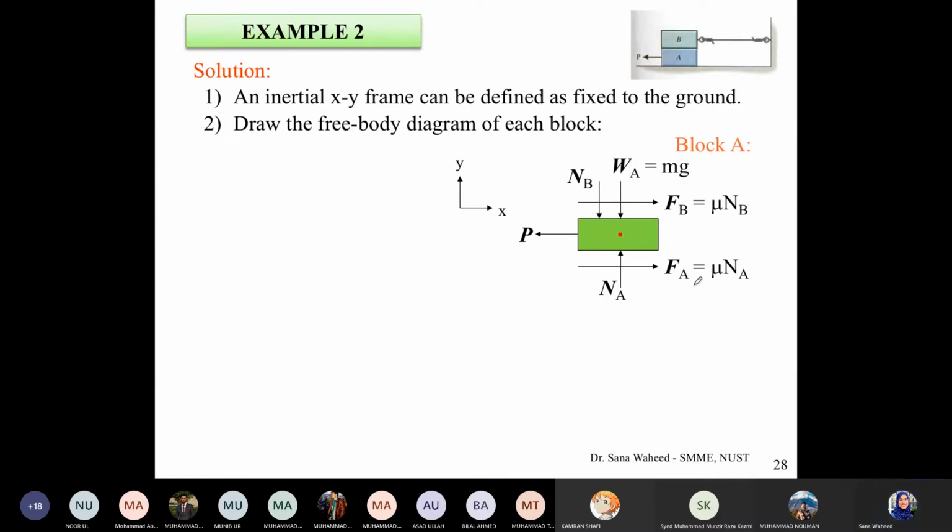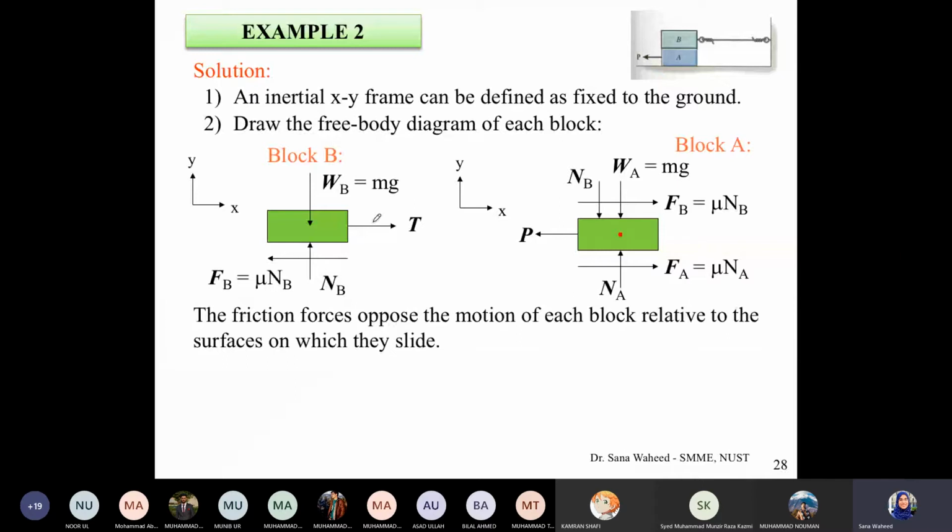Notice that both of the frictional forces are acting to the right because we have an applied external force which is acting to the left. If any motion is to occur, it will occur to the left, right? So these two frictional forces must be opposing it, and hence they're to the right.